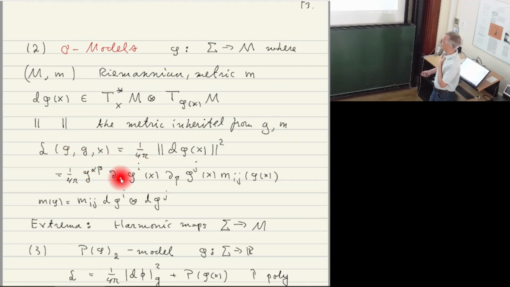You take derivatives, as we had in the free field, but now we have indices in the field, and then we have some nonlinearity coming from the Riemannian metric of the target computed at the point phi.